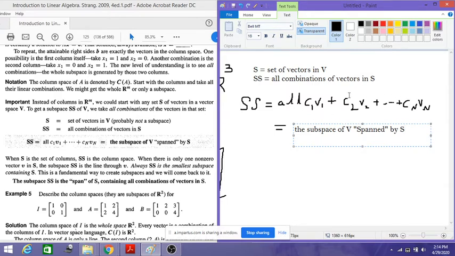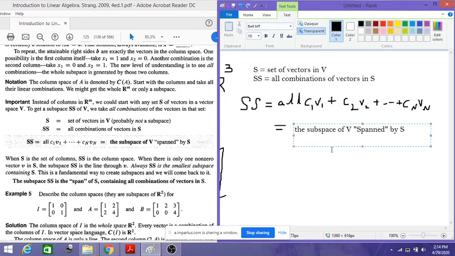So all these are the subspace of V spanned by S, where span means it exists in S. So S is the set of columns and SS is the column space.